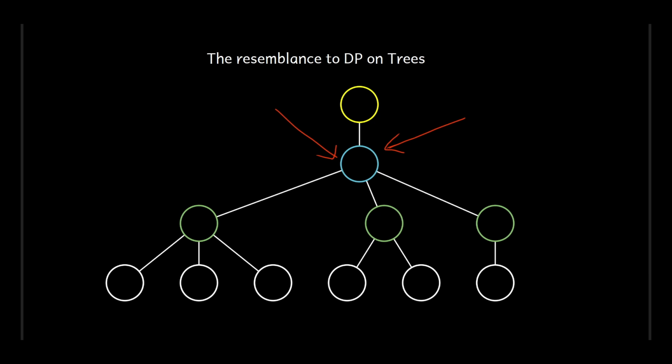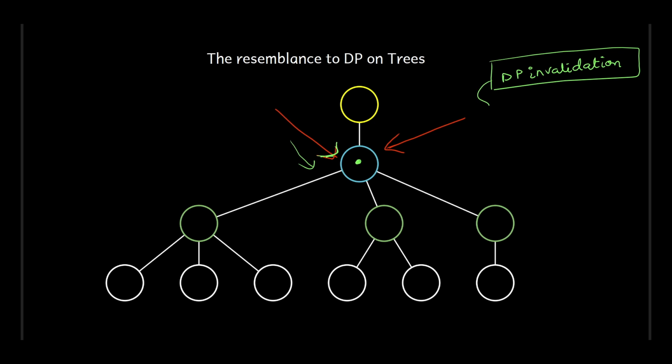Why? Because if you remember, in DP on trees I told you that when you perform a DP on a tree, you have to take care of two things. One is that when you add a parent to a node, you want to make sure that the DP values of the children are not invalidated.